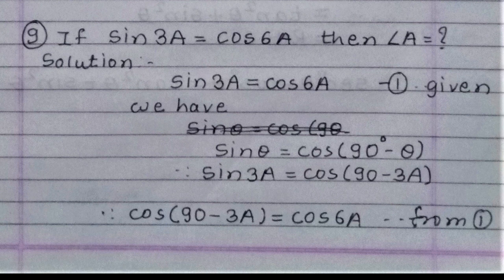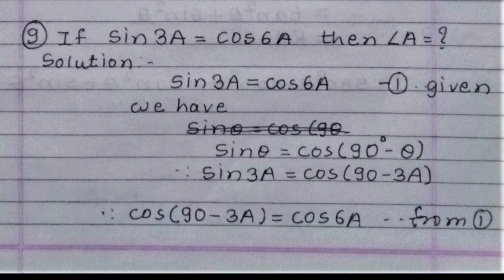Here we use sin theta is equal to cos (90 minus theta). So instead of theta I substitute: sin 3A is nothing but cos (90 minus 3A). So equation 1 becomes cos (90 minus 3A), which is equal to cos 6A.